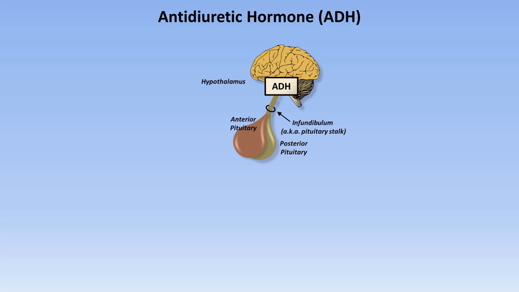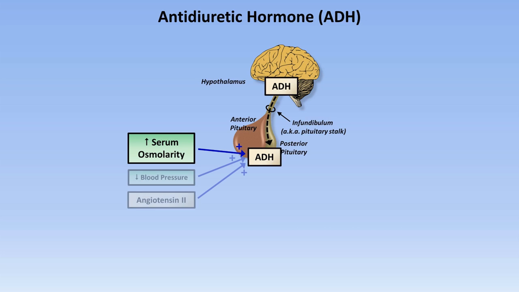Unlike CRH, however, which is released into the hypophyseal portal system to go to the anterior pituitary, ADH migrates in secretory granules down axons from the hypothalamus that extend directly through the infundibulum into the posterior pituitary. Once in the posterior pituitary, the secretion is primarily triggered by detection of high serum osmolarity, but also to a lesser extent low blood pressure and even circulating angiotensin 2.